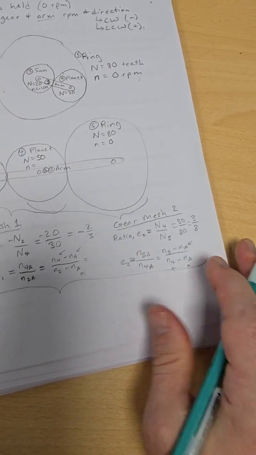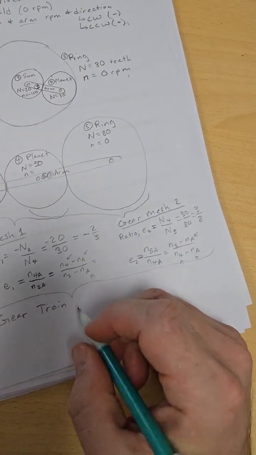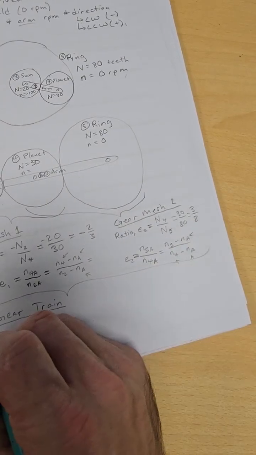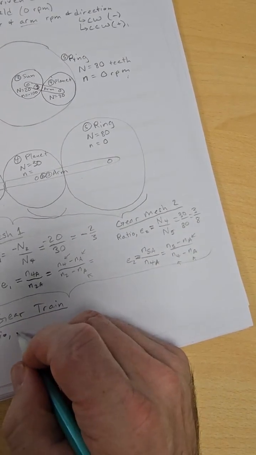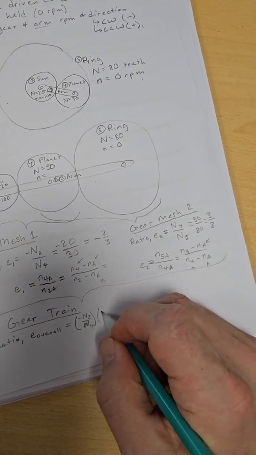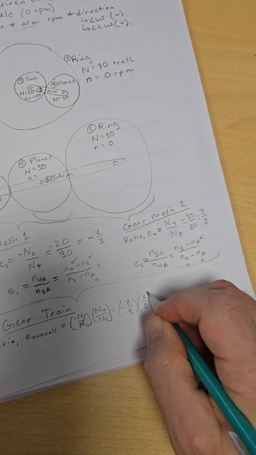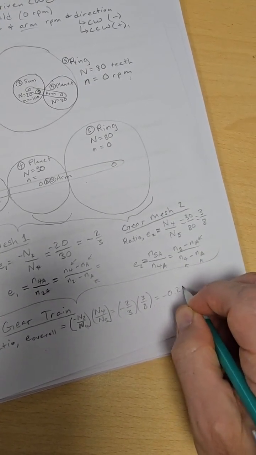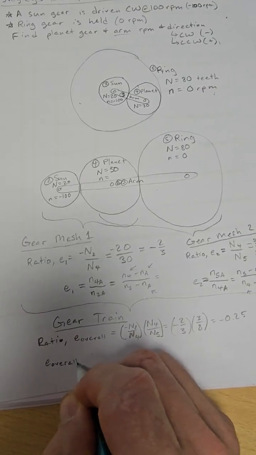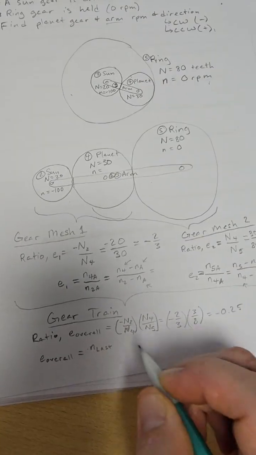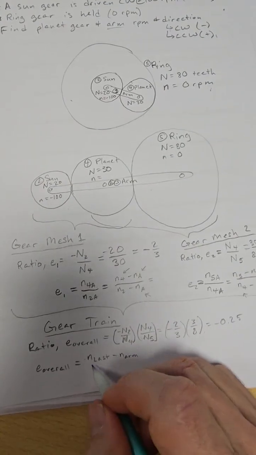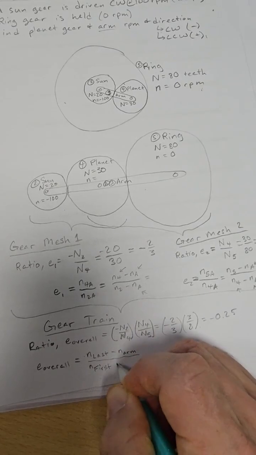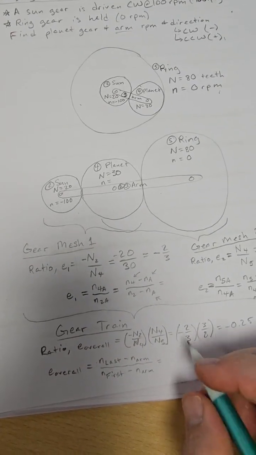Now let's look at the overall gear train analysis. The ratio of input to output should be mesh 1 times mesh 2. That's negative 2/3 times 3/8, negative 0.25. And then the overall E is also equal to the RPM of the last gear minus the RPM of the arm over the RPM of the first gear minus the RPM of the arm.